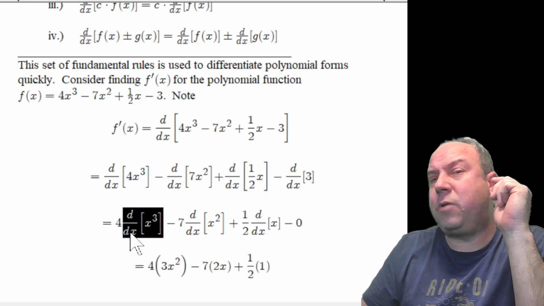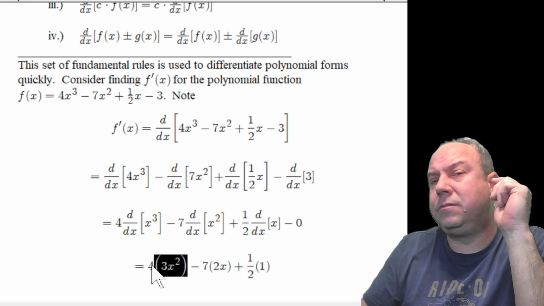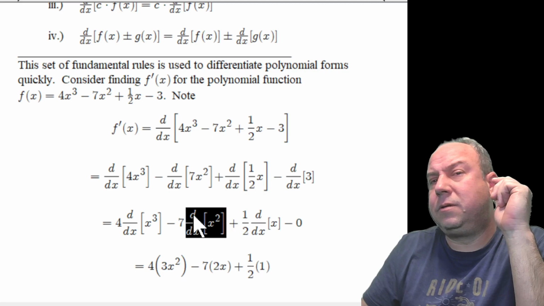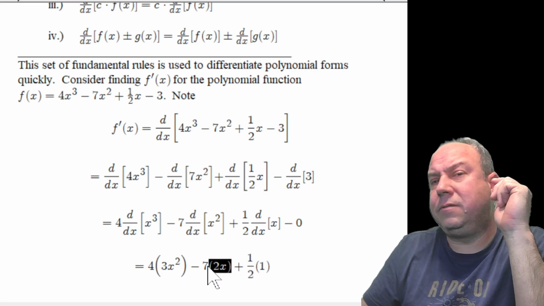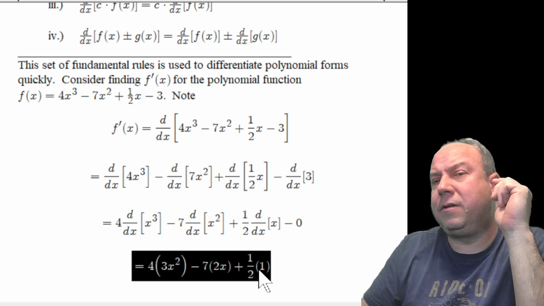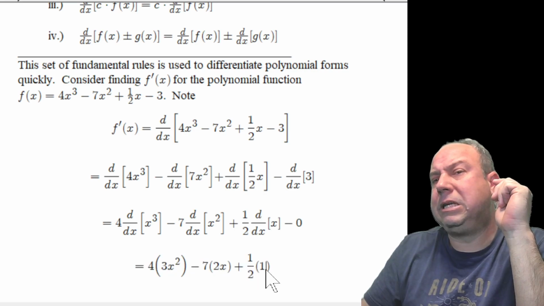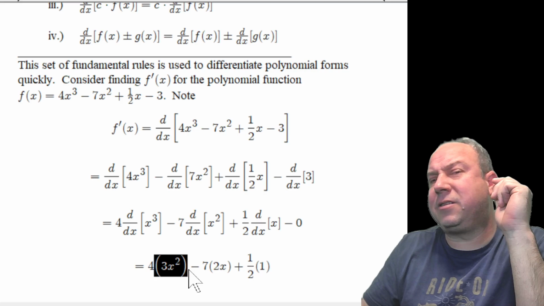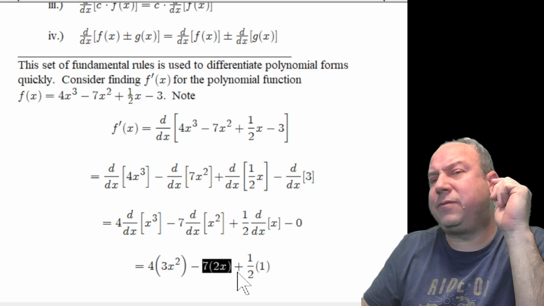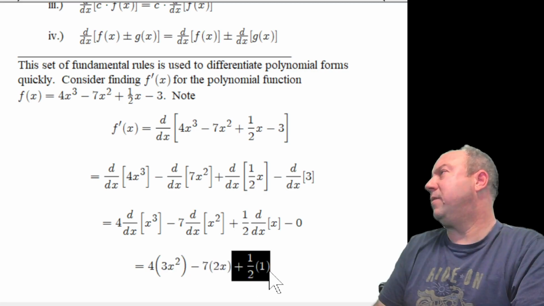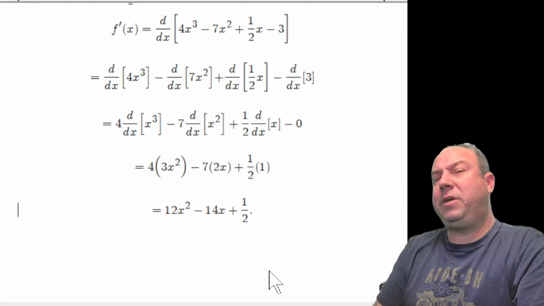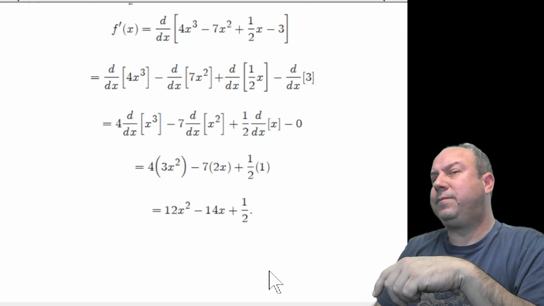The 3x squared from here, the 2x from here, and the value of 1 from this derivative here. Now when we simplify that, this will become 12x squared minus 14x plus 1/2. And that would be our derivative function.